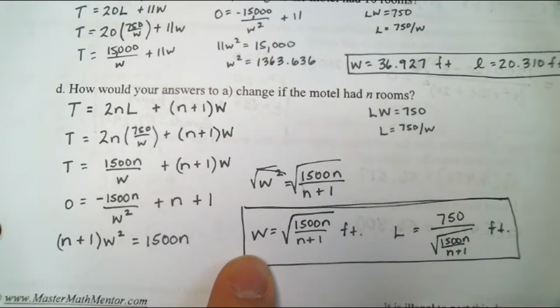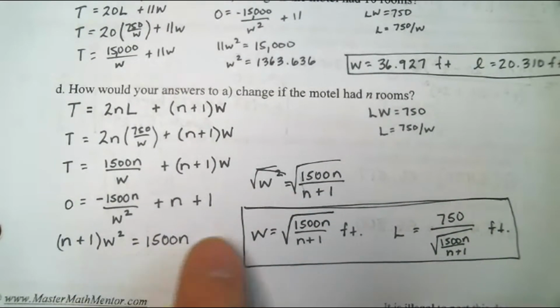You would just need to isolate W. Again, I just got your test, Ben, so I haven't looked at it very closely, so I couldn't tell you whether you're good or not on that. But that's what I was looking for right here.